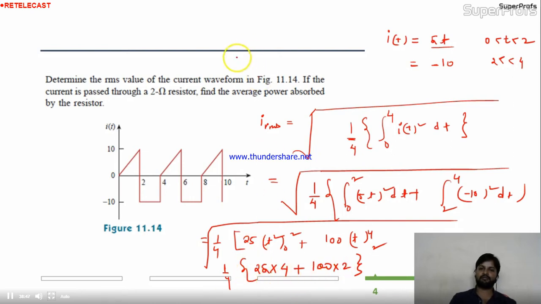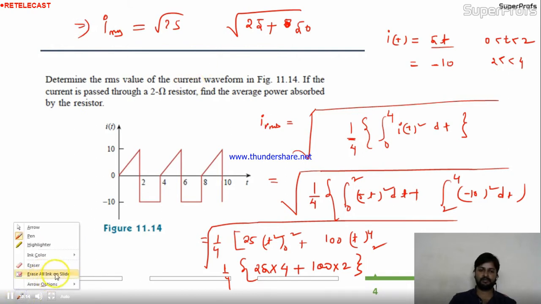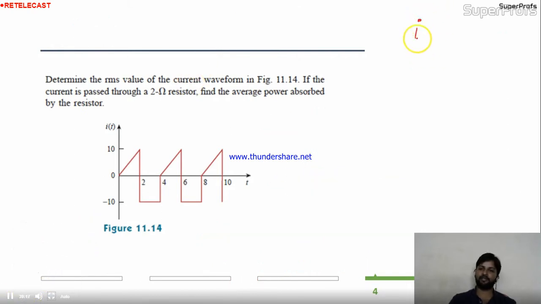You can take 4 out. No, I'm not right, I'm making some mistakes over here. This will be 50. 4 came out, 50 plus 25. So your value is root 75. This is Irms: for this question, Irms is root 75.